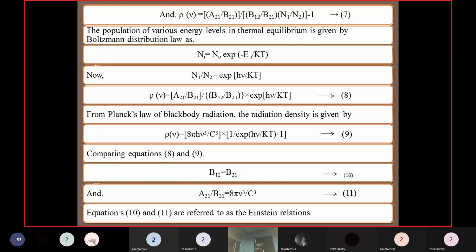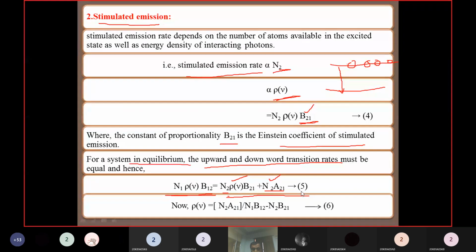Now here we take one more term common in the above equation. I am taking N2 into B21 common, so N2 gets cancelled.